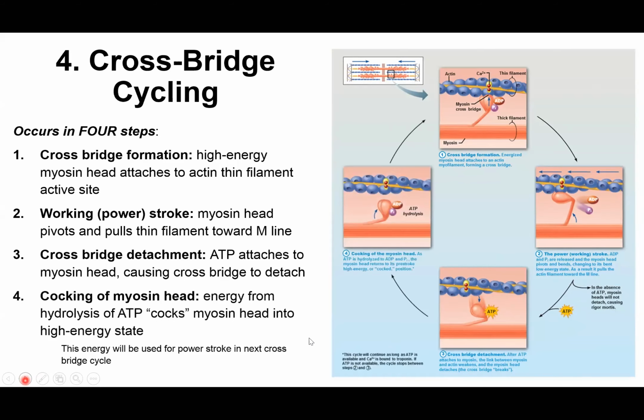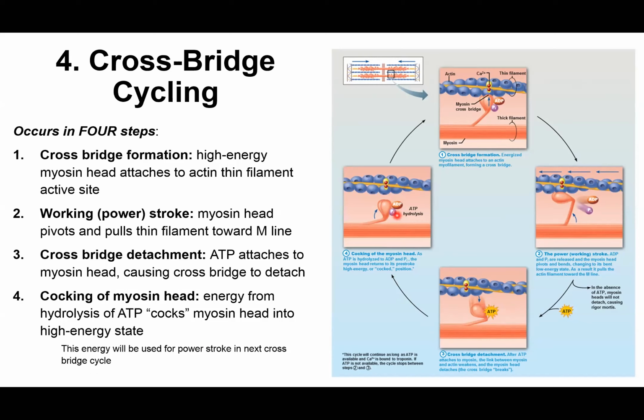And then the 4th step here is now we have to move this head back to its cocked position and get ready to latch on and slide the actin filament again. And essentially we do that by breaking down ATP into ADP and inorganic phosphate.